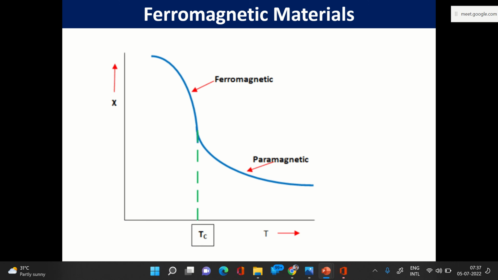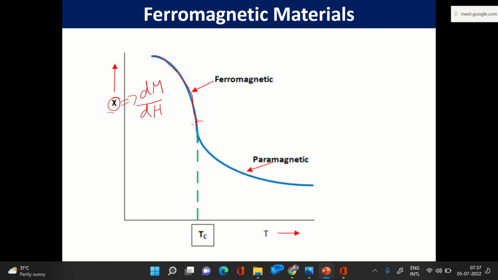Susceptibility chi, what is chi? This is equal to dM by dH. So if you follow the value of susceptibility, ferromagnetic materials will show a decrease with temperature.